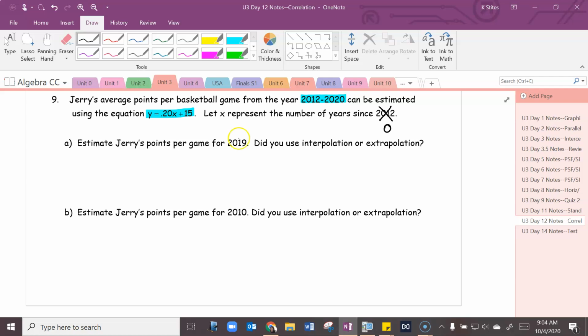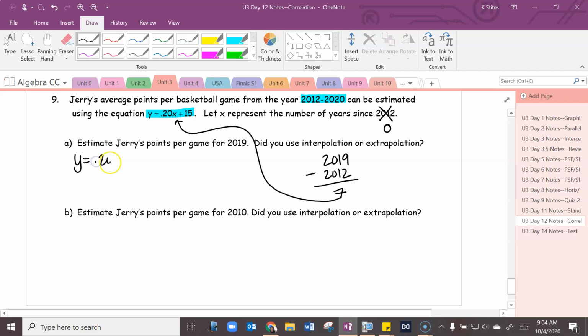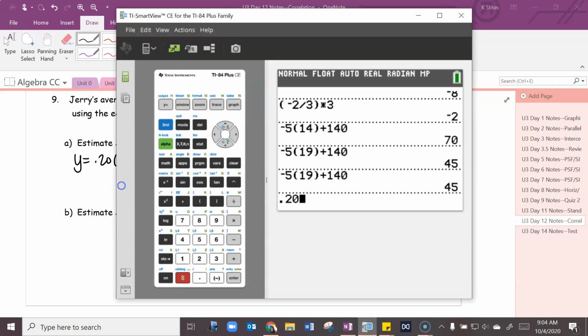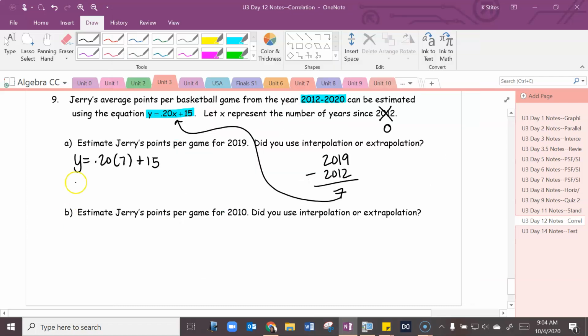Okay, first step, figure out how far 2019 and 2012 are from each other. And that's going to be 7 years. 7 is what we're going to plug in for X. So 0.20 times 7 plus 15. And that's 16.4 points.